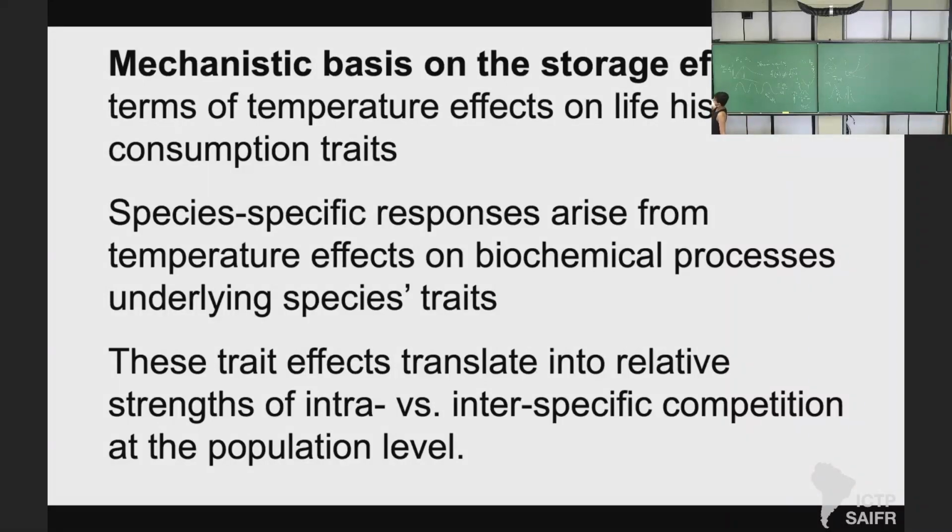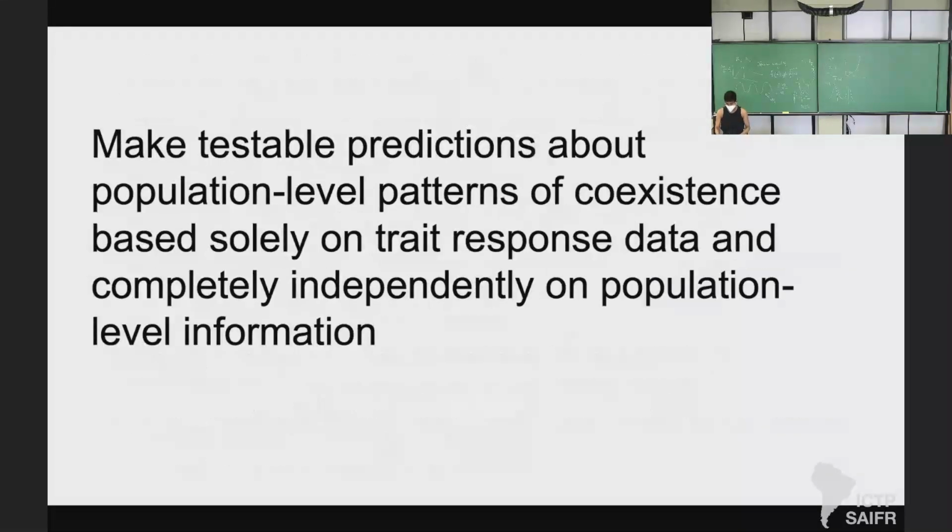And these trait effects then scale up, that's the beauty of it, to translate at the level of the individual into the relative strengths of intra versus interspecific competition at the population level. And the most powerful thing about this is that we can make testable predictions about population level patterns of coexistence based solely on trait response data.